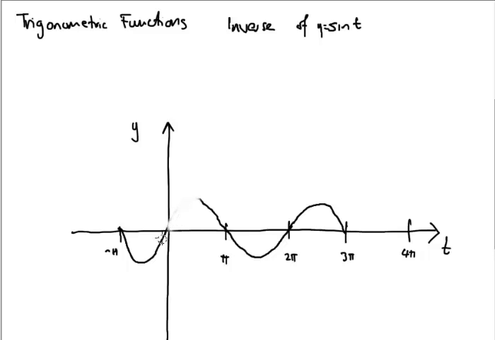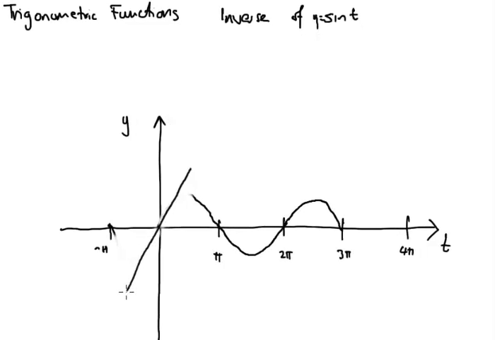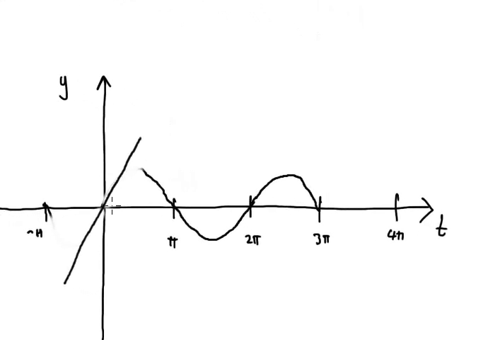I'll insert my y is equal to x there, and say that is y is equal to x, and then set my sine curve this way, and set it this way.